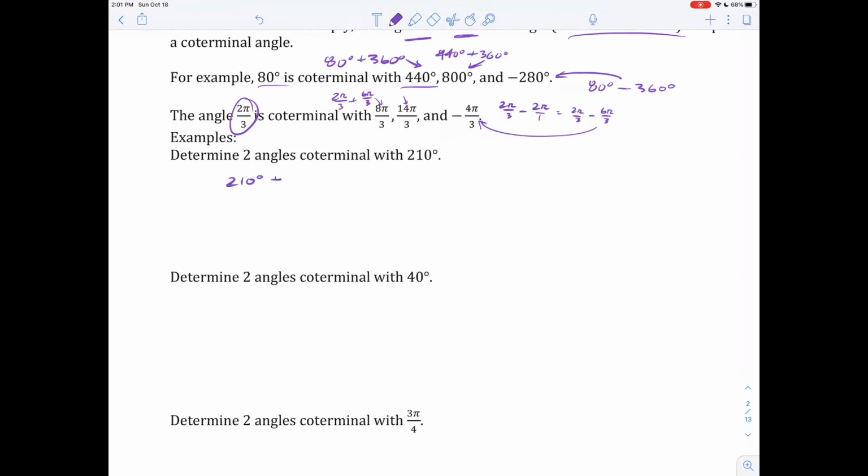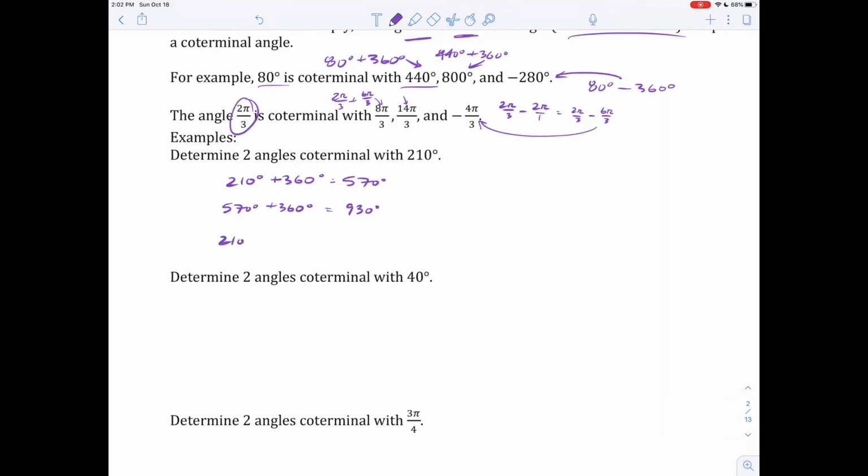So 210 degrees, I might add 360 degrees, and that'll give me a value of, according to my skills, 570. If I want, I can add another 360 degrees to that, and I can say that 930 is coterminal.